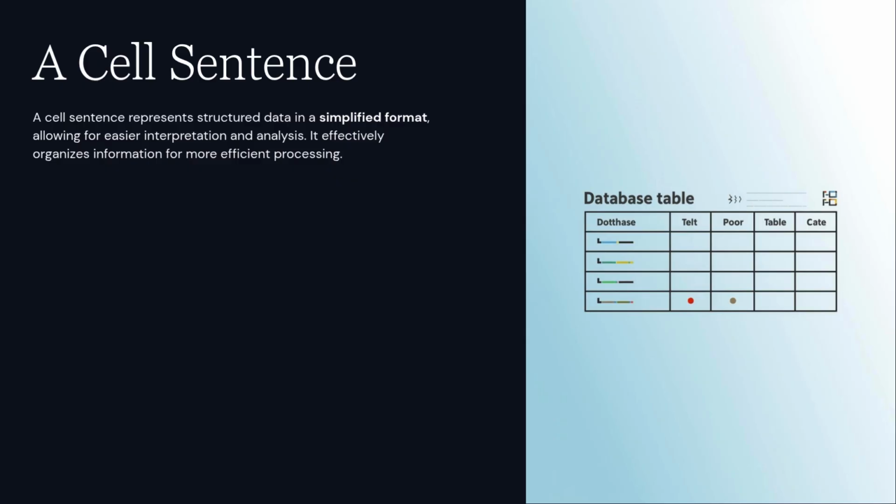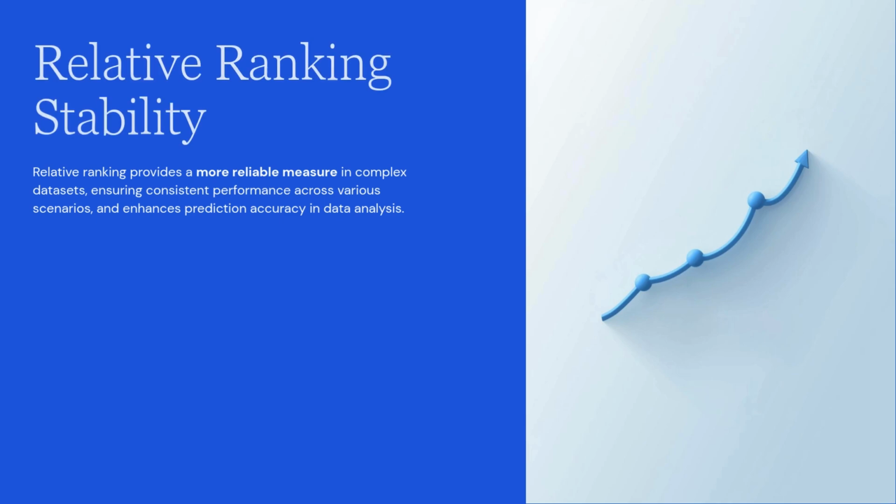Wait, so hang on. You're saying they basically ignore the amount of RNA for each gene, the actual counts that biologists usually obsess over? Isn't it just the ranking? Doesn't throwing away the magnitude lose really important information? That's a great question. And it really gets to the cleverness of the design, I think. See, with single-cell data, those raw counts are super noisy. You get technical variations, batch effects between experiments, even just cell size differences.